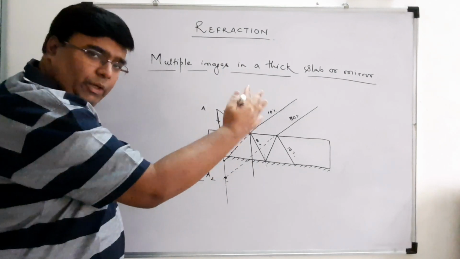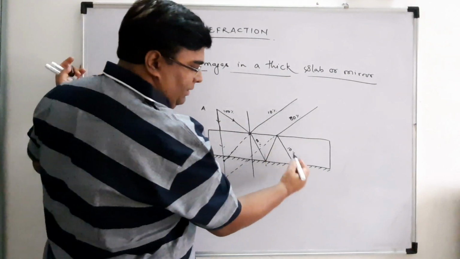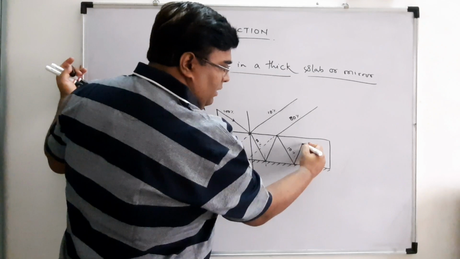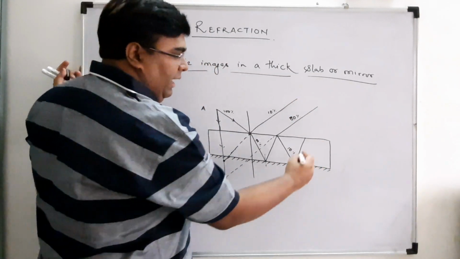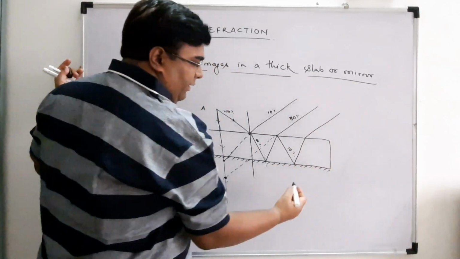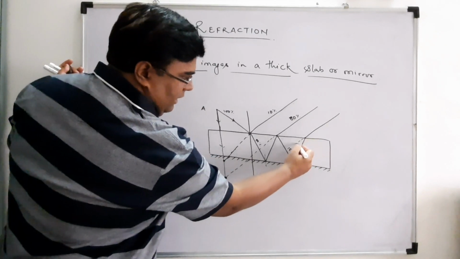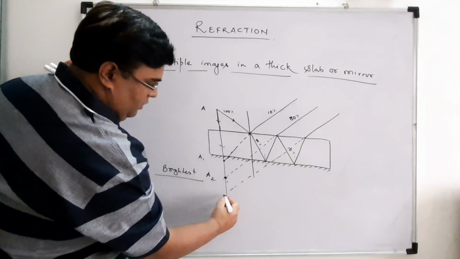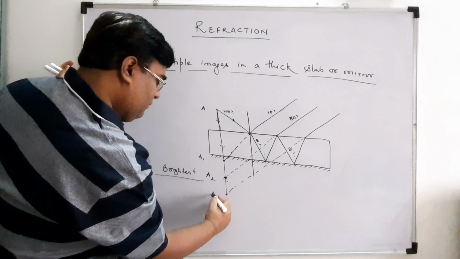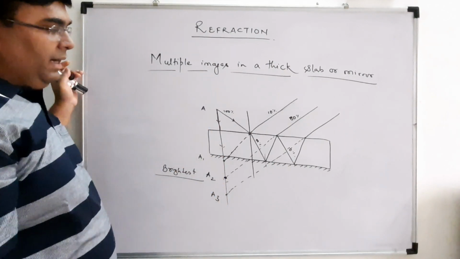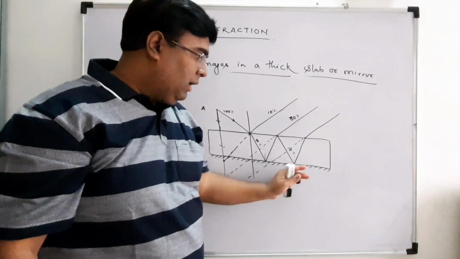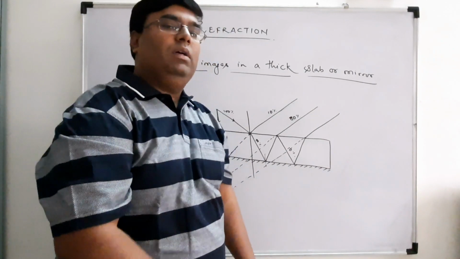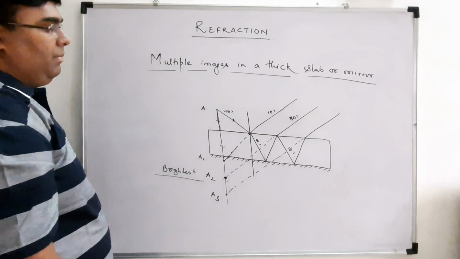Now this will continue. Again this 10% will be reflected here, and a refraction takes place, and if you extend this line you will get A3, and it will keep on going until you reach the end of the mirror or slab.